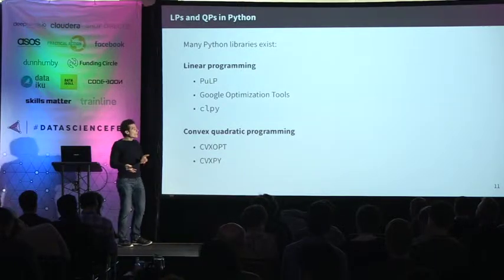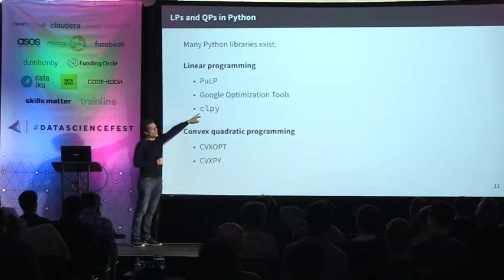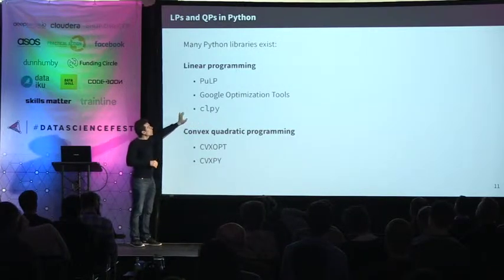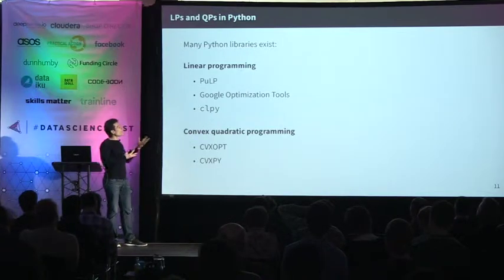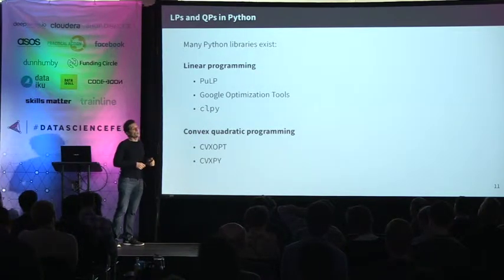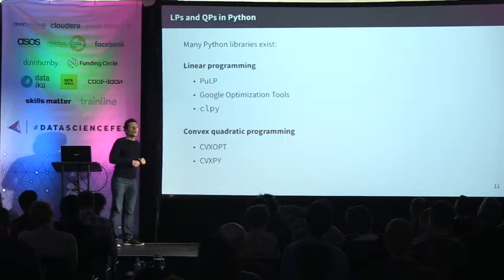And Jos Ruli has also created a very thin wrapper around the CLP library in Python called CyLP or something like that. The reason for that was that both Google optimization tools and Pulp are very high level.